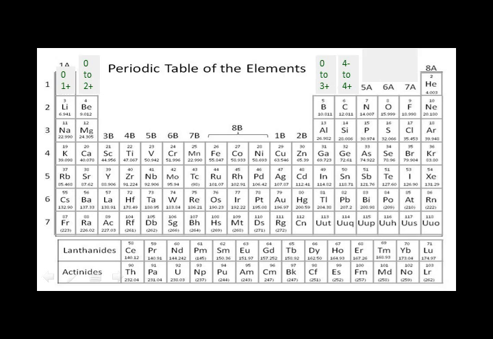Let's look at the nitrogen family. That's -3 to +5. -3, -2, -1, etc. Let's look at the oxygen family. What do you surmise? -2 to +6.